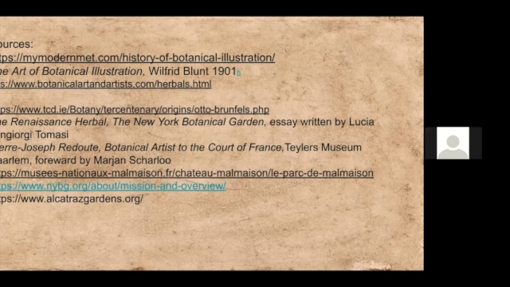Was that paper vellum? No. A lot of botanical artists still actually use calf skin. There's a company called Pergamena that still makes calf skin vellum today, and a lot of artists still use that.